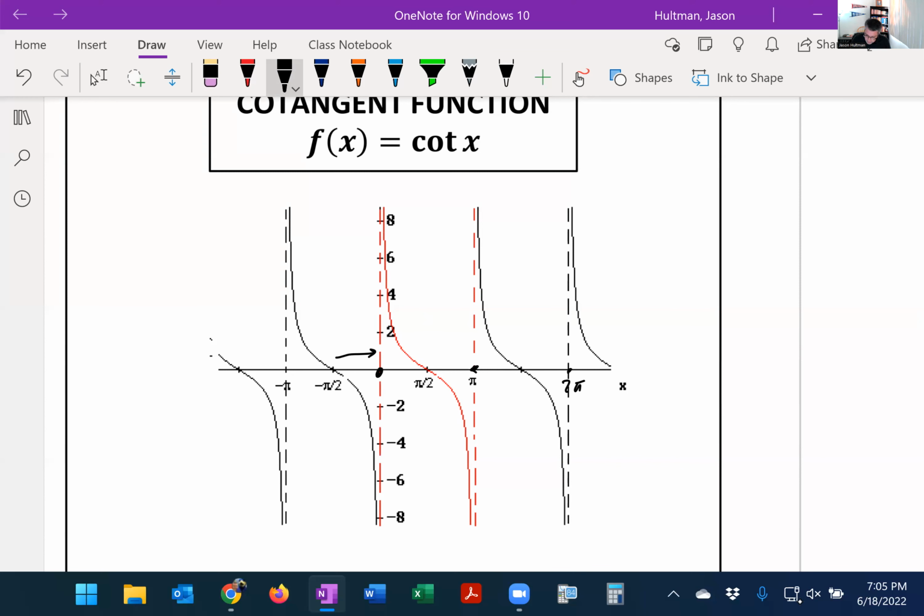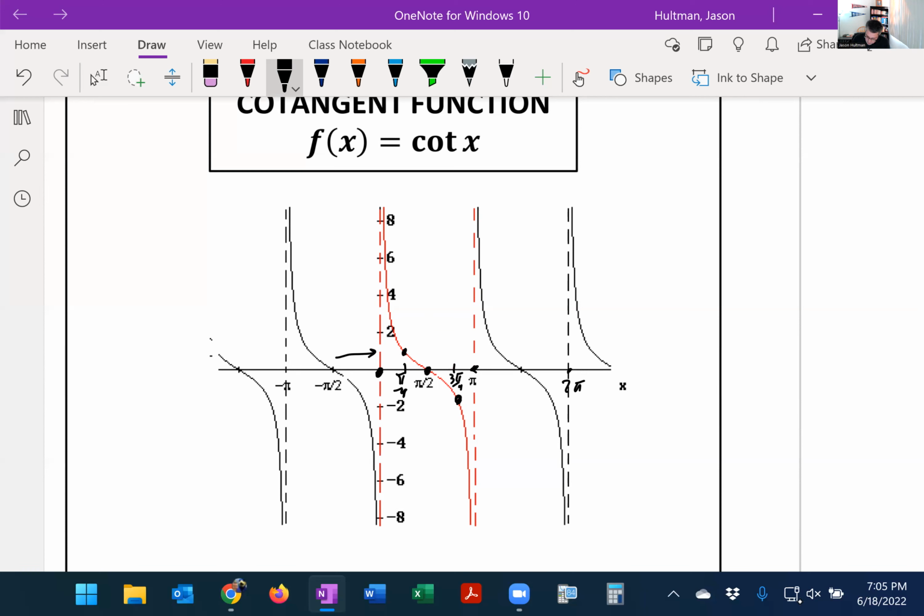And again, at pi over 4, the cotangent is 1. At 3 pi over 4, the cotangent is negative 1. And at pi over 2, the cotangent is 0. So we have these 5 values.